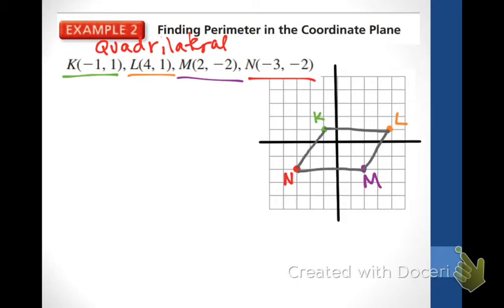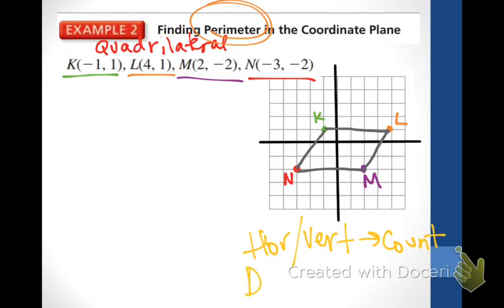So in this shape, we've got quite a few things happening. So perimeter, we want to add all the sides. So remember that if it was a horizontal or vertical line, you could count. I had you write this down. If it was a diagonal, you use the distance formula.